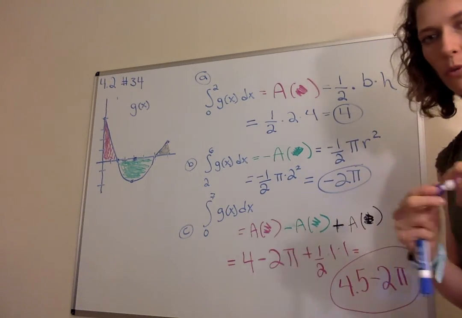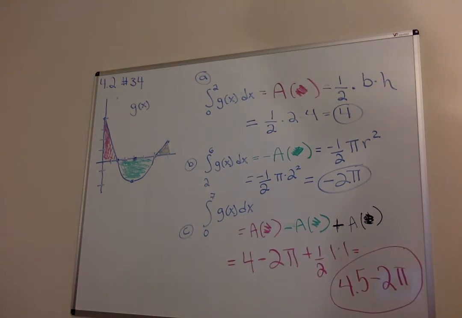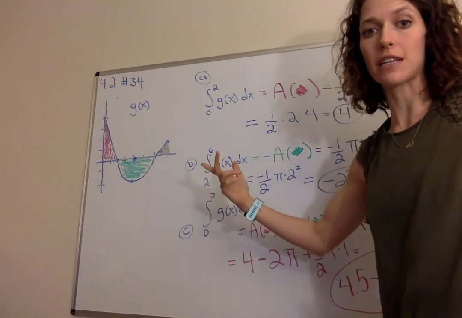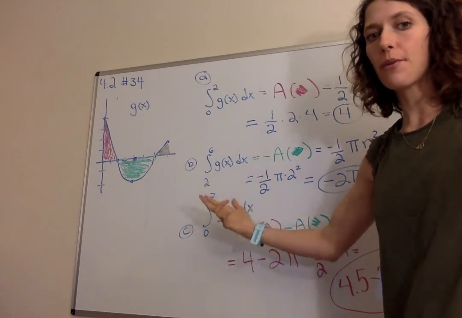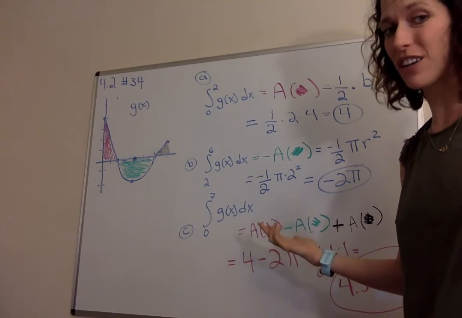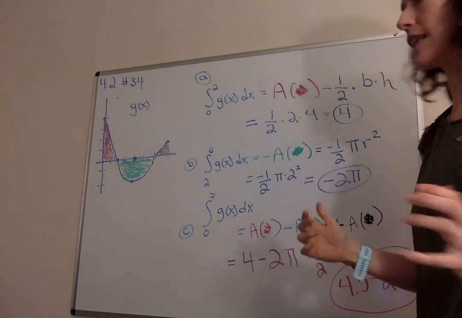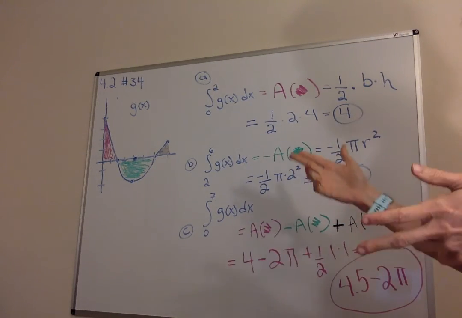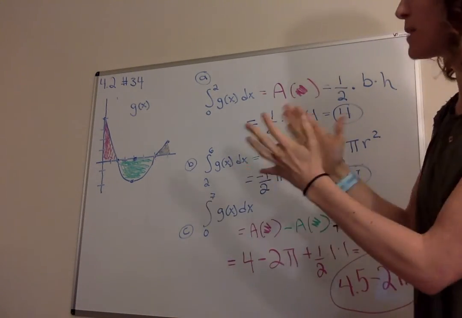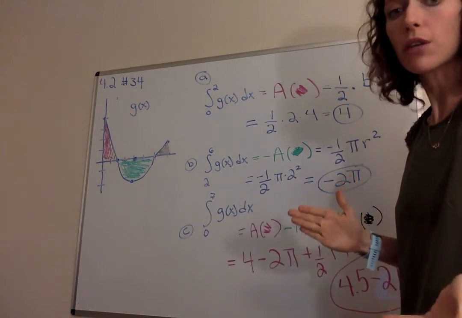So just a quick recap of how we approached these problems. We're given the picture of the graph and we're asked to compute some different areas. The way that we compute each area is by identifying some kind of geometric figure that corresponds to that shape. When I look at this graph, I immediately start to break it up into pieces where I know I could compute the area.